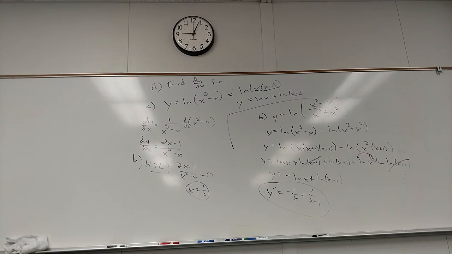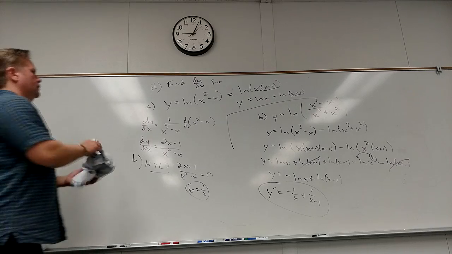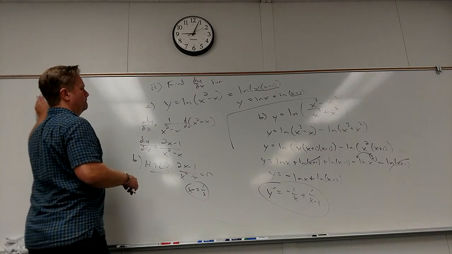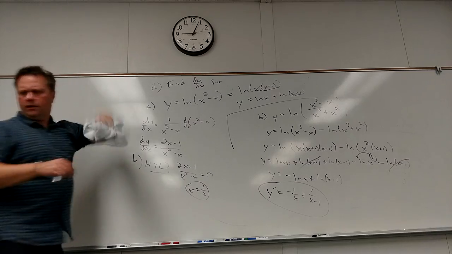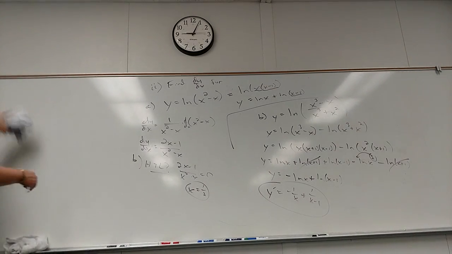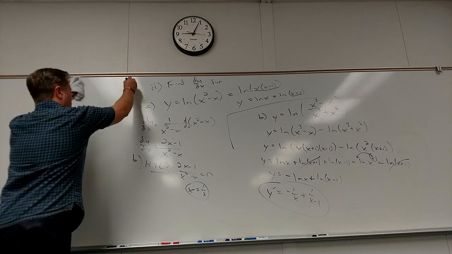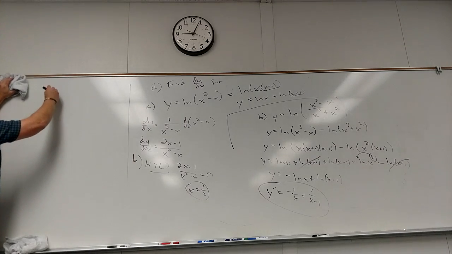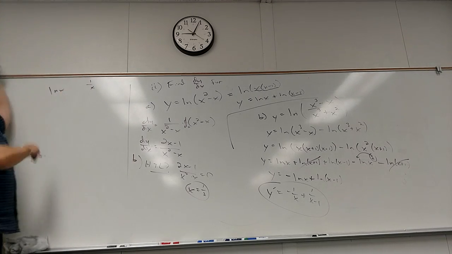Let's see. Is there something else in here? Oh, here's one last thing about this. What's the problem when you look at ln x and 1 over x, right?